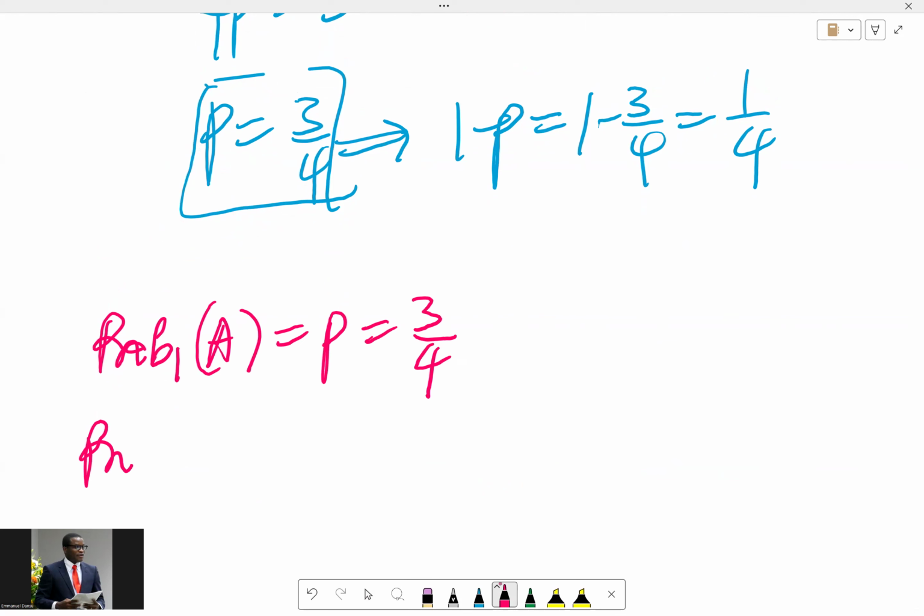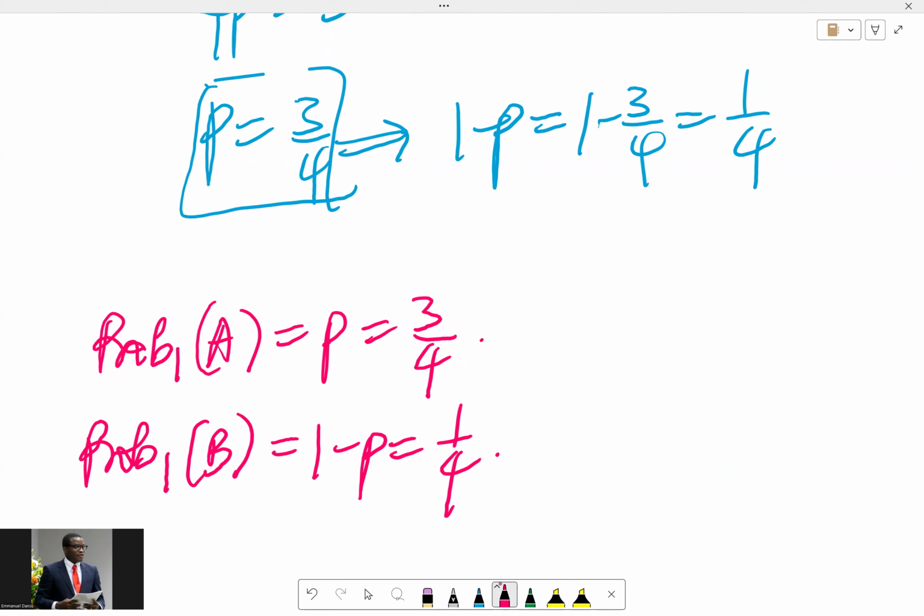And the probability of player 1 to play strategy B is 1 minus P, which is equal to 1 over 4. So we have all these things in place.